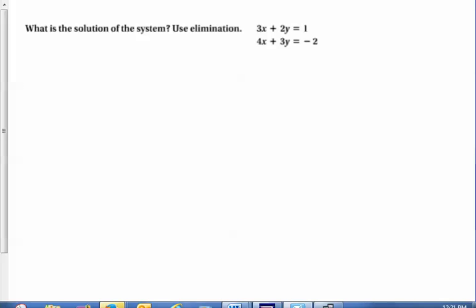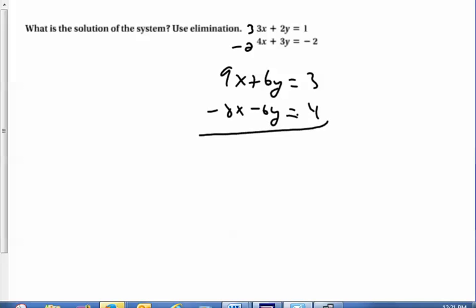On this one, you might have to multiply, but I'm going to get rid of the y's. So I'm going to multiply this by a negative 2 and then this one by a 3. So I get 9x plus 6y equals 3, and I get negative 8x minus 6y equals positive 4. Then when I add these guys together, I get x equals 7.